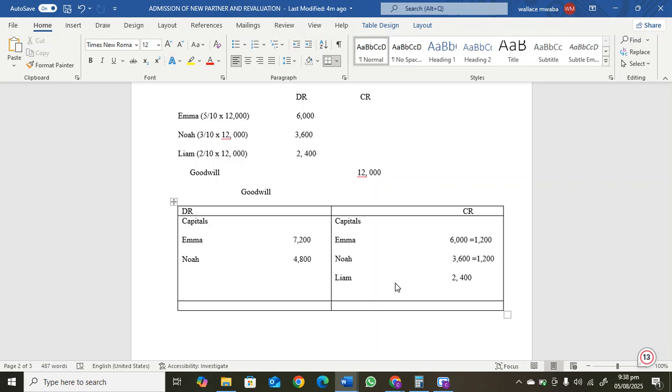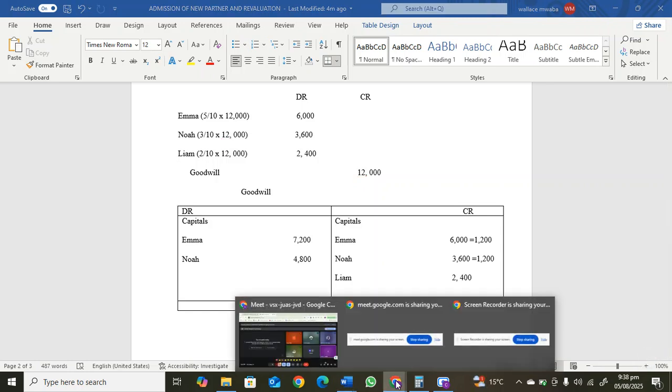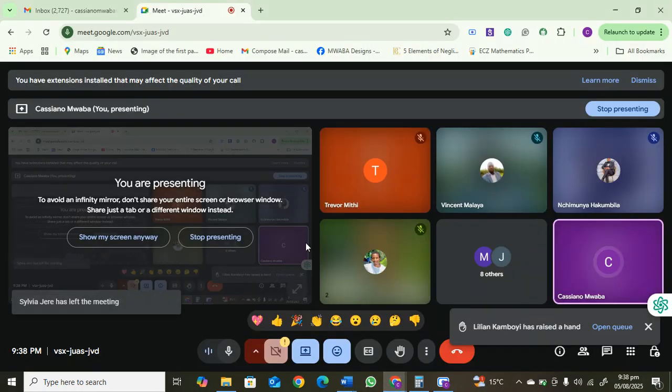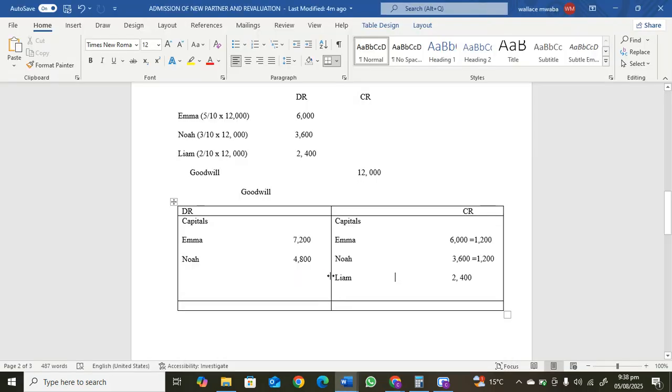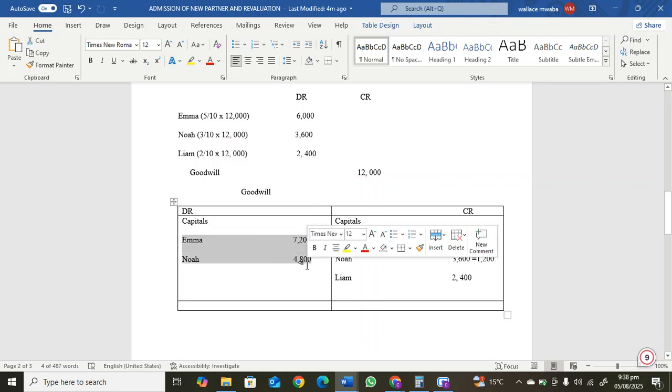Then the reason why we are debiting is because we are writing off the goodwill. The goodwill should not appear in our financial statements. That's why it's being written off, because it shouldn't appear in the financial statements. If it wasn't being written off, it would have just stayed there on the debit side here. If the question says there's no goodwill write off, you just calculate for the partners and the amount stays there.